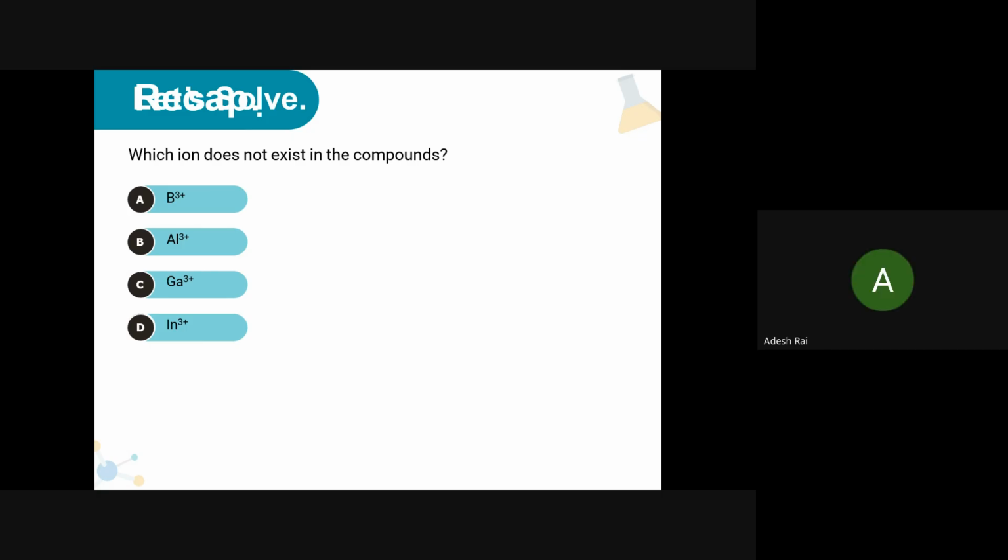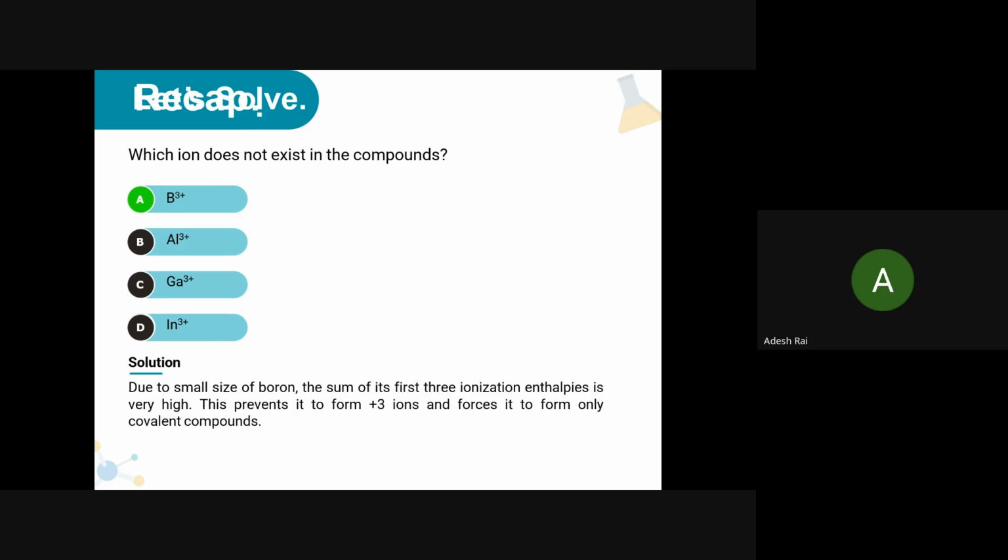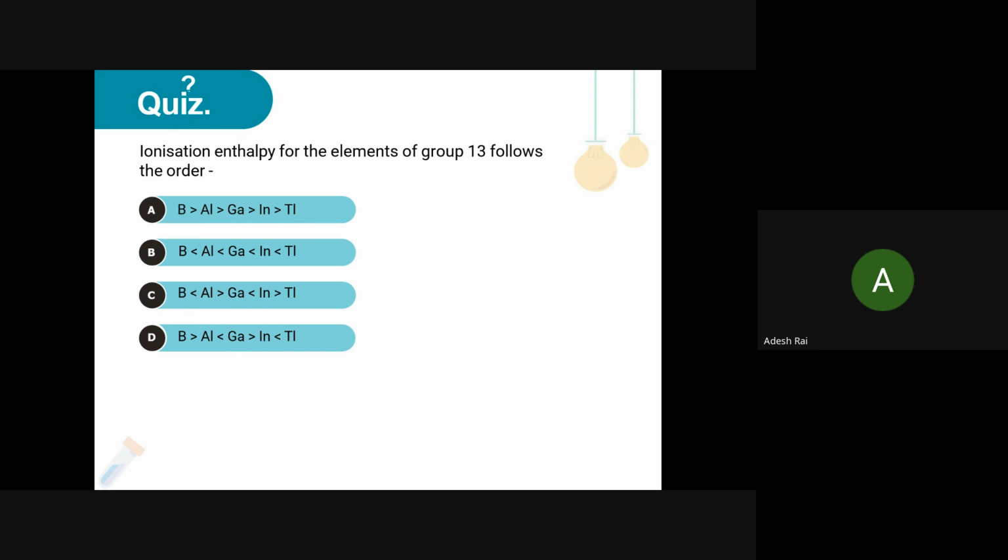Why? What is the reason behind that? Because the size of boron is so small that successive ionization cannot take place. Because of the small size, a very high amount of ionization enthalpy will be required, as it is better not to remove more than one electron. Is that clear? Okay. So it will only form covalent compounds.